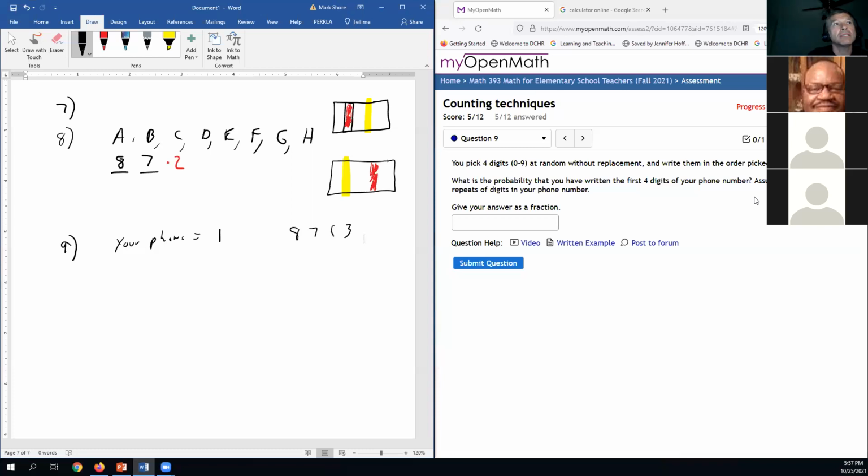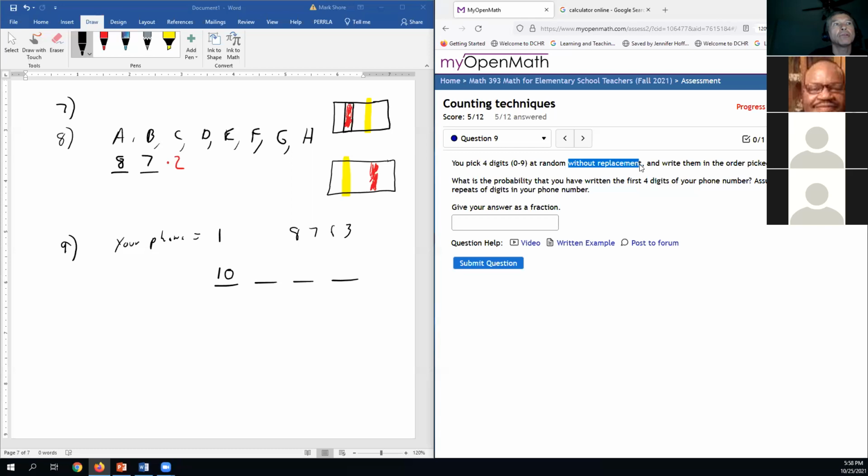So here's the first 4 digits. So this is back to counting of these things. So the first digit, there's 10 possibilities. Now this says at random, and here's the key thing, without replacement. So you're picking 4 digits at random without replacement. So you can pick the 0, you could pick the 9, you can pick the 1, but you can't pick it again.